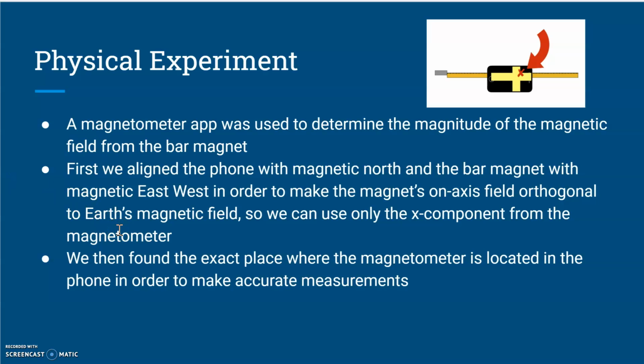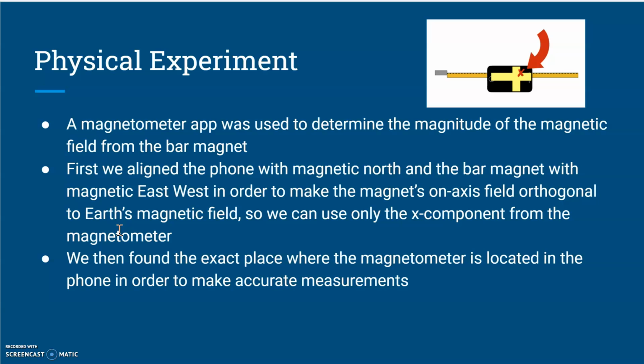The physical experiment started with downloading a magnetometer app, which was used to determine the magnitude of the magnetic field from the bar magnet. First, we aligned the phone with magnetic north and the bar magnet with magnetic east-west in order to make the magnet's on-axis field orthogonal to Earth's magnetic field, so we can use only the X component from the magnetometer.